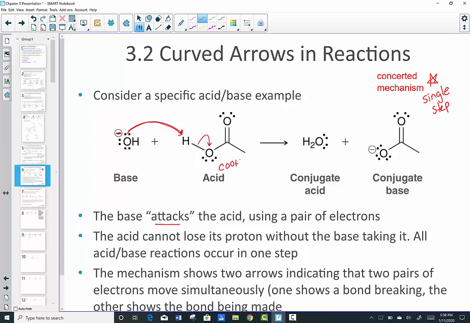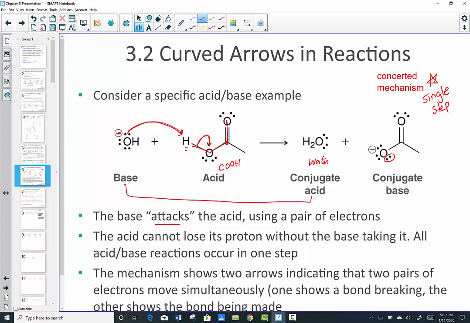COOH, a carboxylic acid. This proton is then removed, causing the bond to collapse on back to the oxygen. The bond turns into a pair of dots, putting a negative charge on that oxide. The conjugate acid of hydroxide is water. And so the base has a conjugate acid. The acid has a conjugate base.